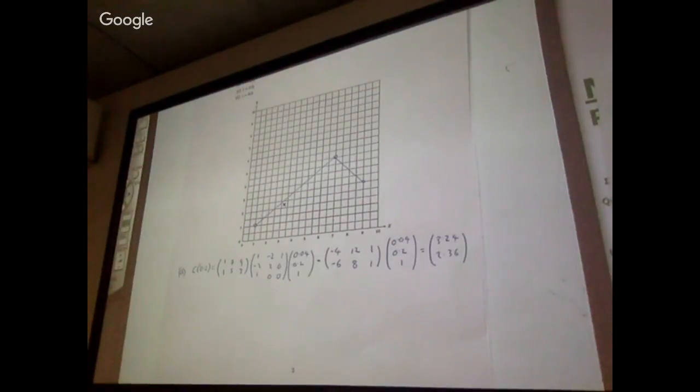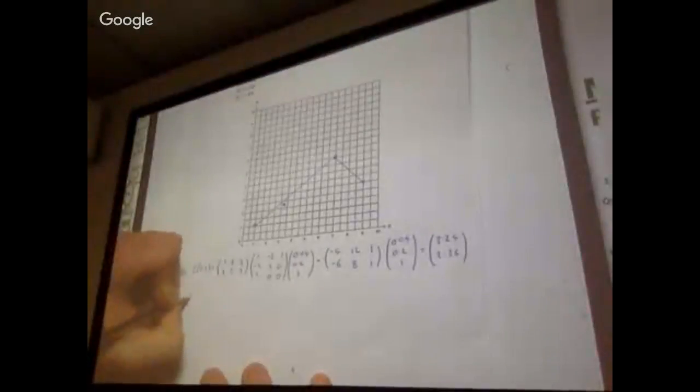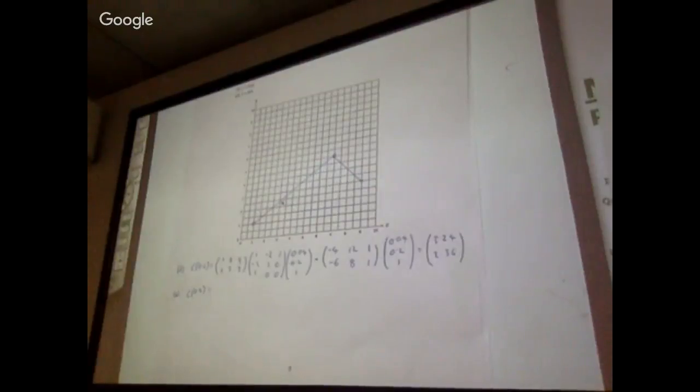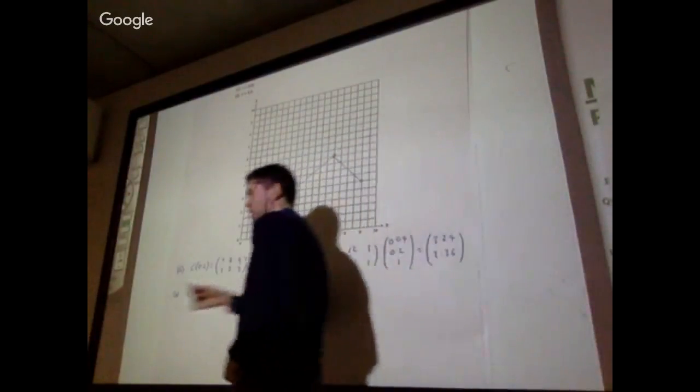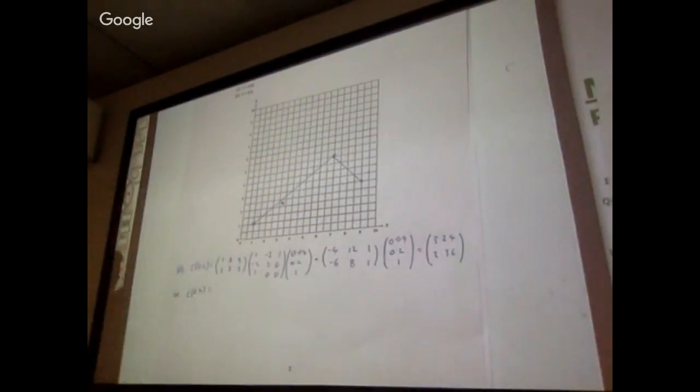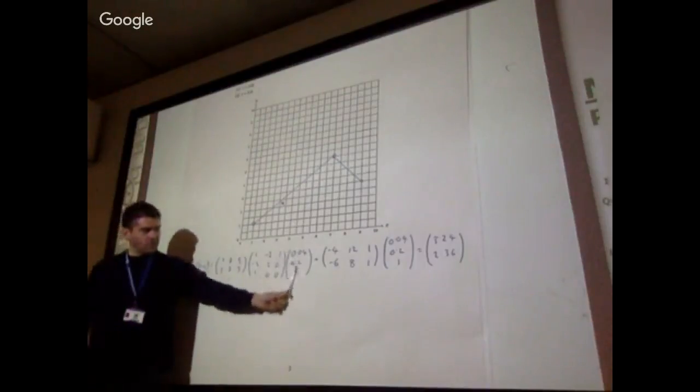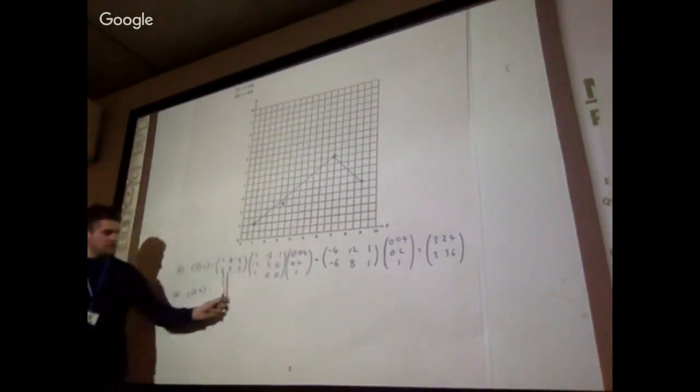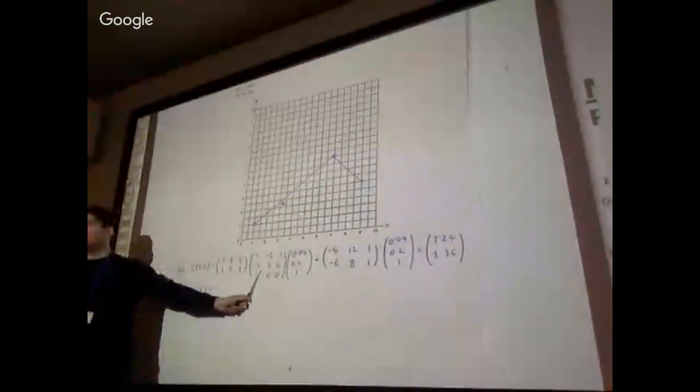Okay, for the next one, I'm going to calculate it when t is 0.4. The only thing which will change from the case when t was equal to 0.2 is this matrix here. These other two are going to remain the same.